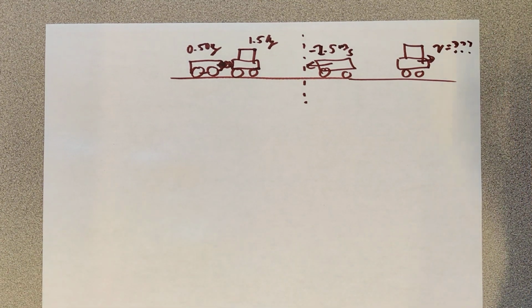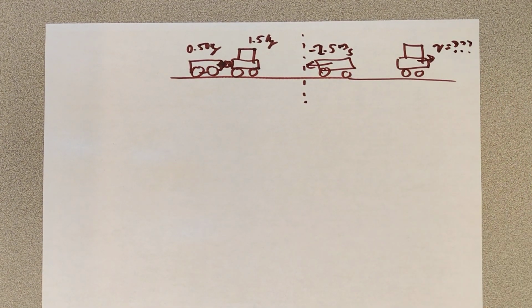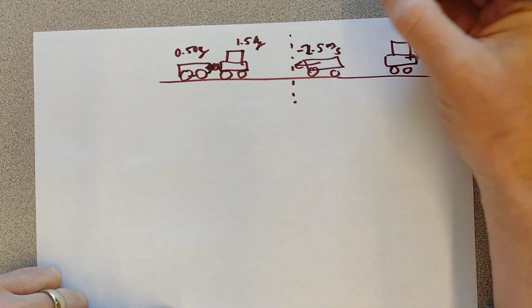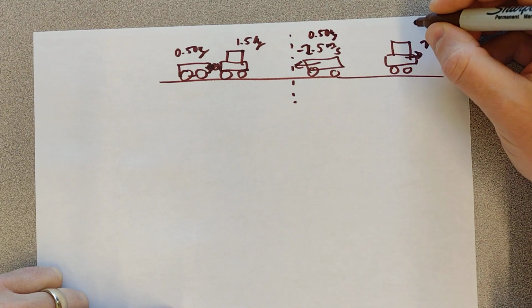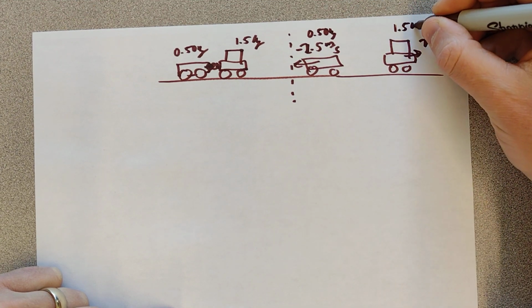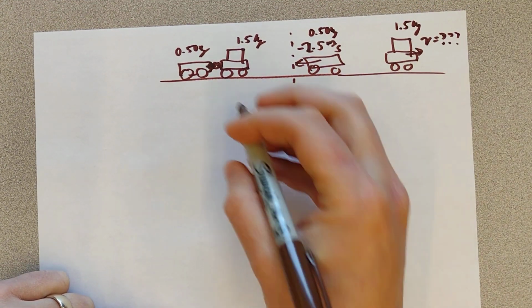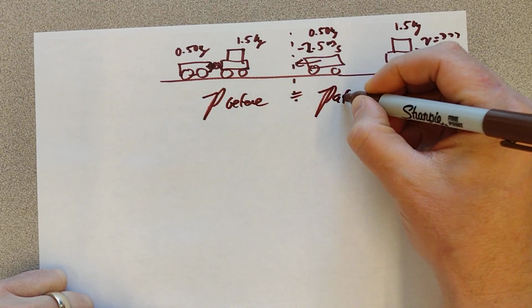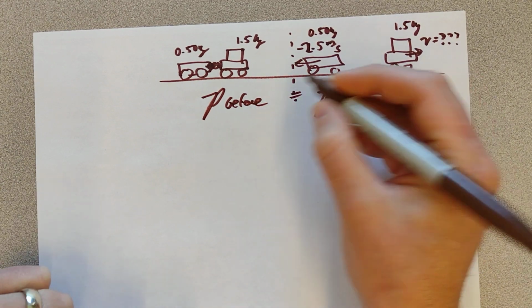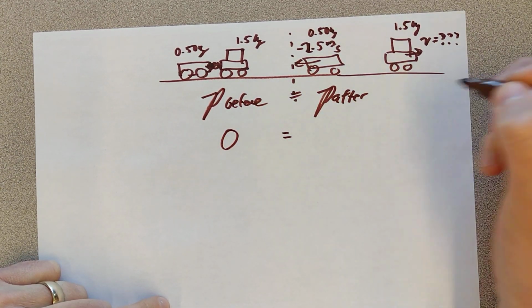Now, somebody in class immediately knew the answer right away. That was kind of cool. Just by the simple proportion, because P before has to equal P after, and P before in total is 0 initially.